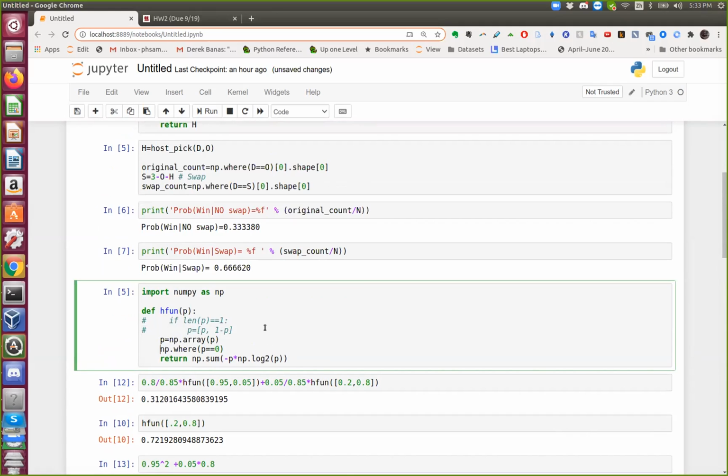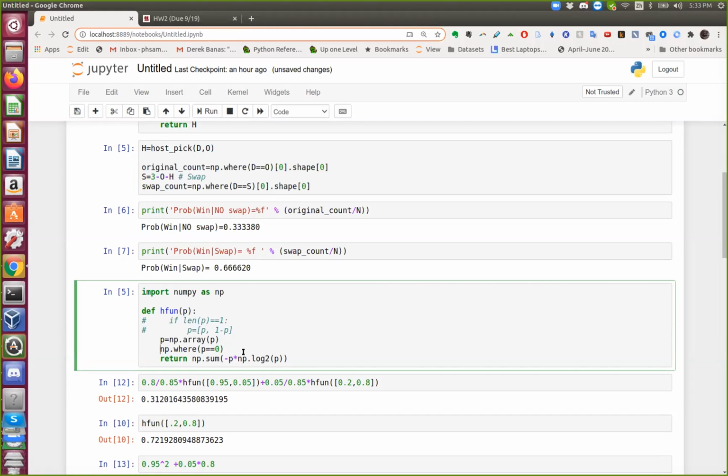If I want to remove P equal to 0, okay, something like that.